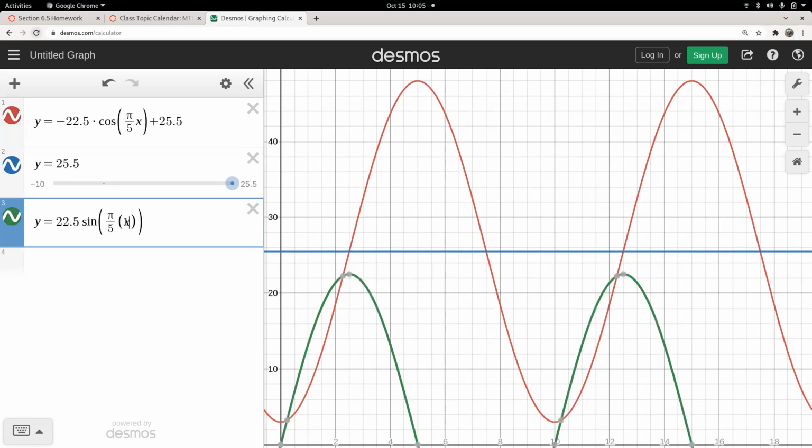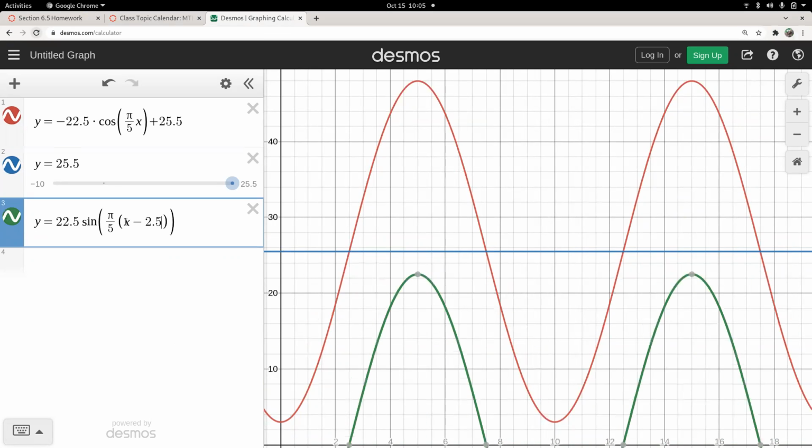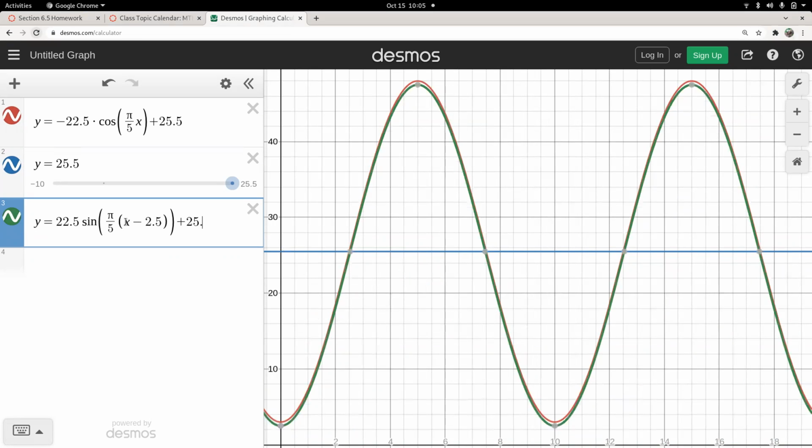So we would have x minus 2.5, oops, extra parentheses, and then we add that midline, 25.5, and you can see the green sits right on top of the red there. So turn off the green, turn on the green. So there's always more than one way to come up with a function to model a situation that oscillates.